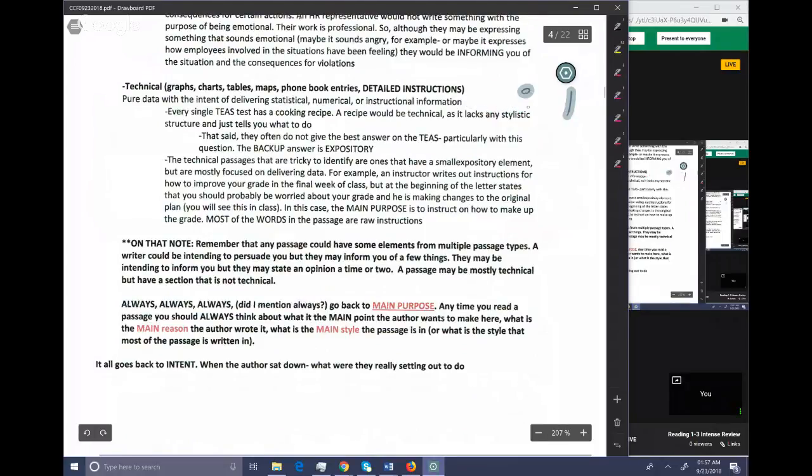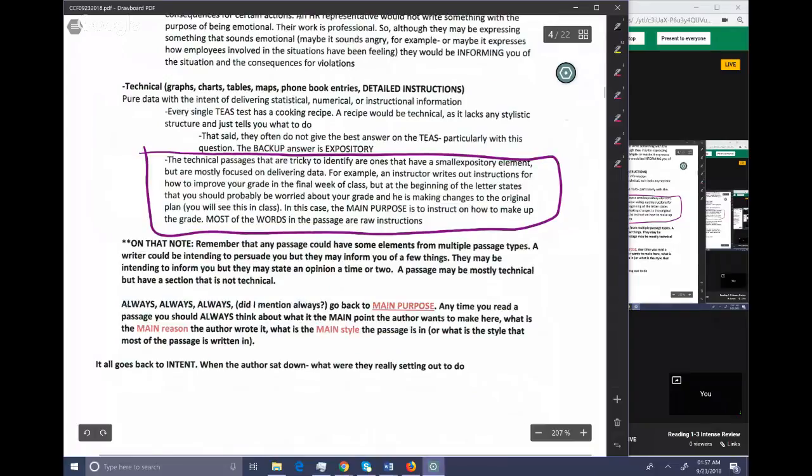The other thing I get asked about on technical, and again, there's one example that's in, I keep saying the same thing, it's either the Reading 2 or the Reading 3 packet. Sorry, I don't have those terribly straight in my head. One of those packets has a letter from an instructor to their students. I get asked about it a lot.